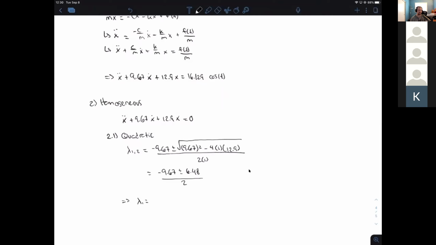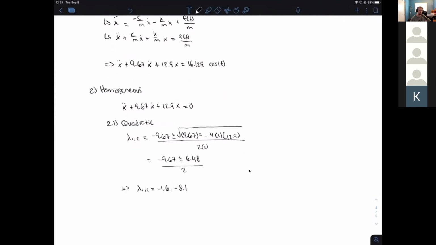And then this is going to give us eigenvalues of lambda 1, comma 2 equals minus 1.6 and minus 8.1. Okay, so we have 2 real roots here.